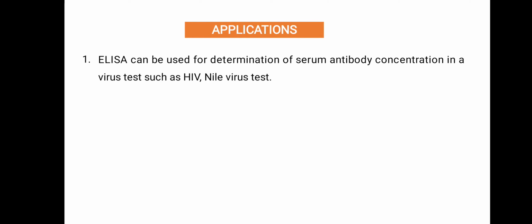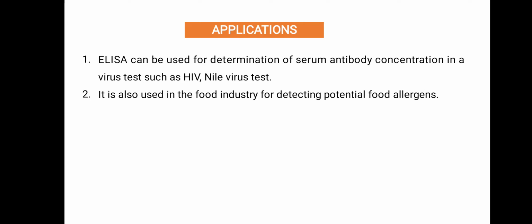Applications of ELISA techniques. ELISA can be used for determination of serum antibody concentration in virus tests such as HIV and West Nile virus tests. Second, it is also used in the food industry for detection of potential food allergens that cause allergy.